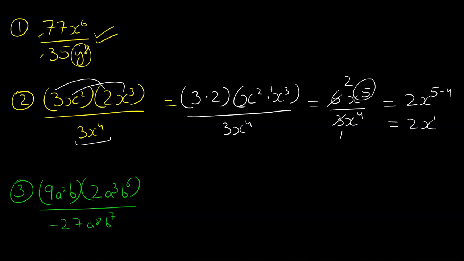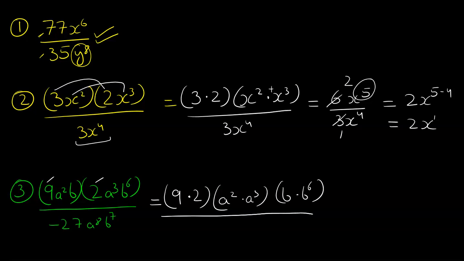Okay, so over here, first we will multiply only the numbers. We have 9 times 2, this one right here. Then we multiply only the variables that are similar, they are the same base. For a square we have a cube, and for b we have b times b to the power of 6, and we simply write the denominator.